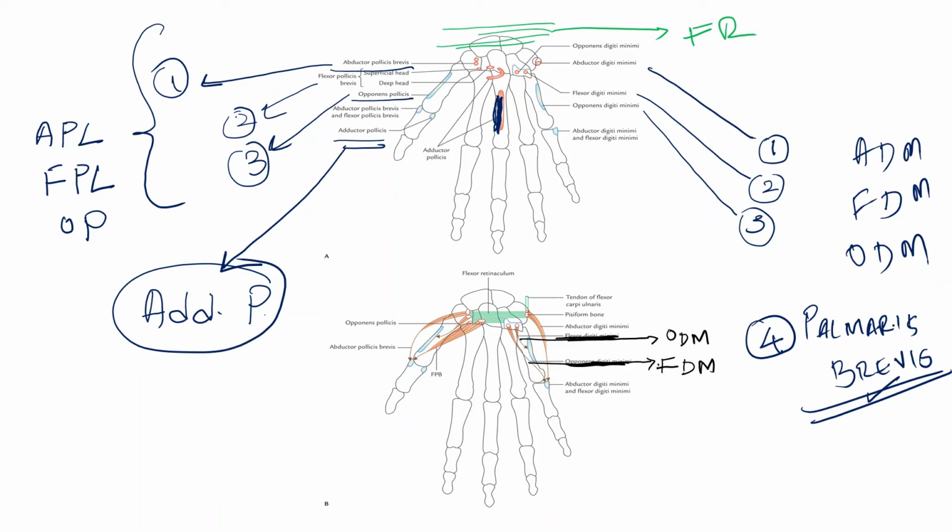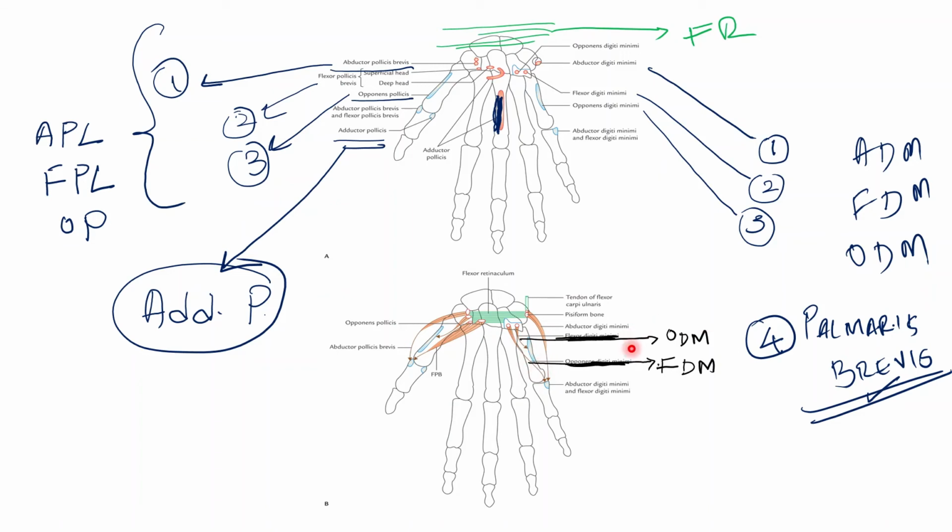Yes, the insertion of the opponens digiti minimi is, as I have told, over the shaft of the fifth metacarpal bone, the palmar surface of the ulnar half of the shaft of the fifth metacarpal.